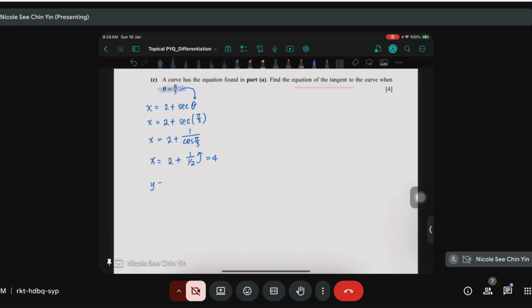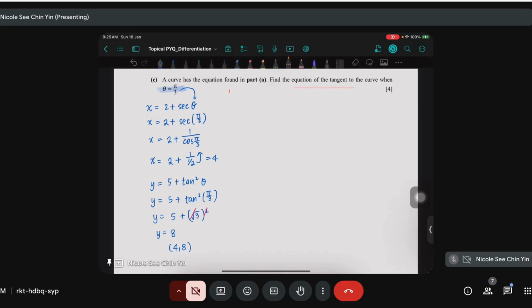For my y, in the statement, I have 5 plus tangent square theta. So same thing, I sub in 5 plus tangent square pi over 3. So my y equals 5 plus sec 3 square. Sec and sec cancel. So my y actually equals 8. So my first point for the equation of the tangent is (4, 8).